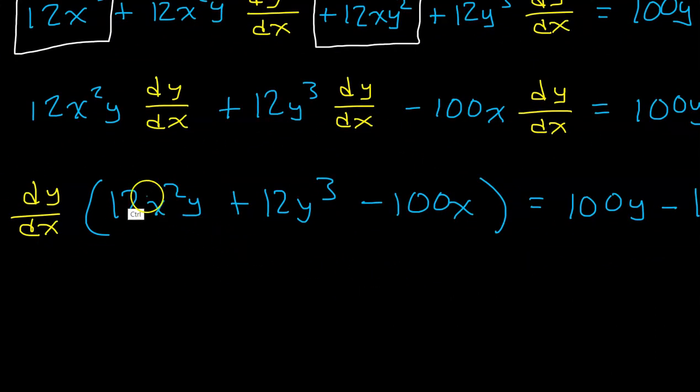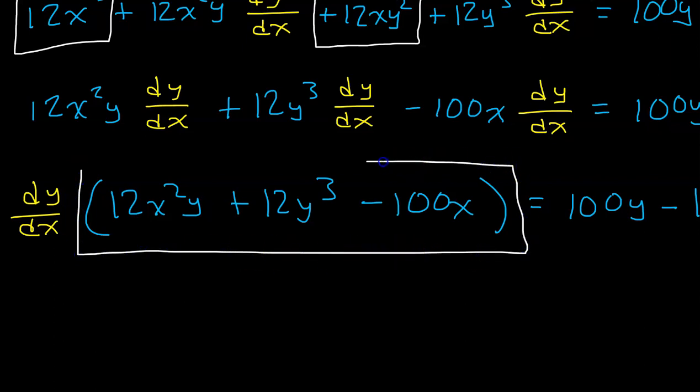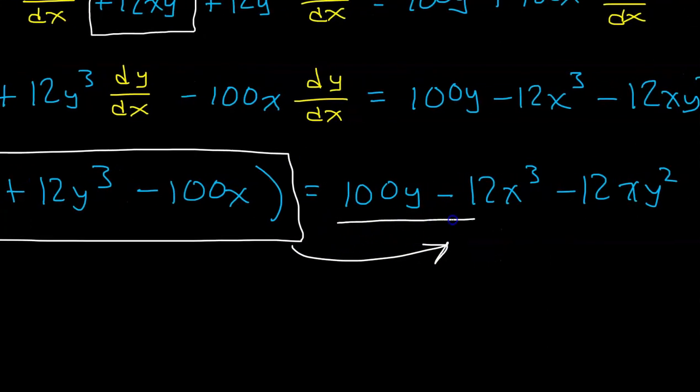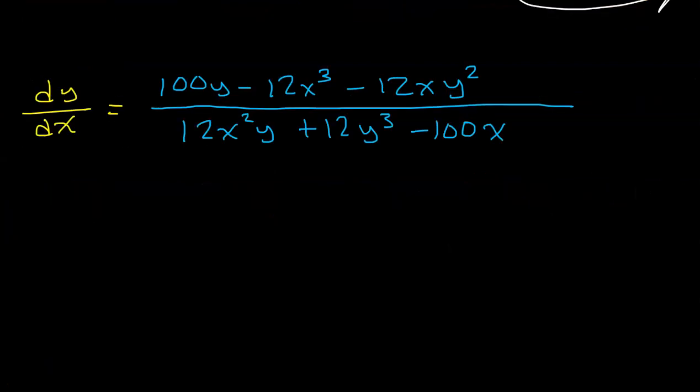All right. So finally, I've boiled it down to a single dy dx, so I can divide both sides of the equation by this entire factor. So this is going to just basically end up in the denominator right here. So what you end up with is this monstrosity.